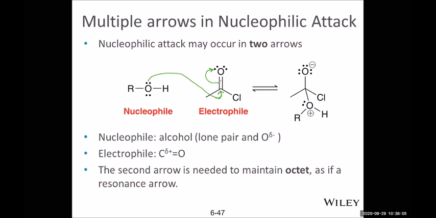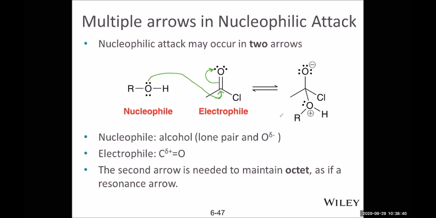In some ways it reminds us of resonance. But the difference is resonance is within the same species, same ions, same molecules, whereas nucleophilic attack happens between two species. The nucleophile with a negative charge and lone pairs forms a bond with another structure. And so that's very similar to resonance.